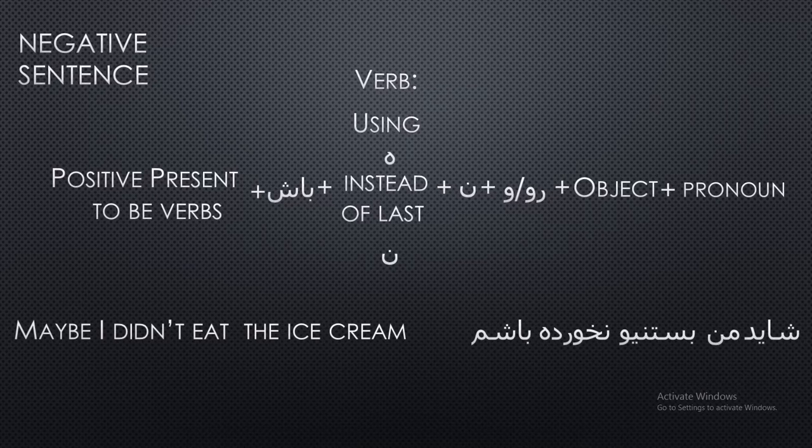But we should use the word that shows our doubt, which is maybe in English and شاید in Persian language. We use that before our sentence. So as you see, شاید من بستنیو نخورده باشم.